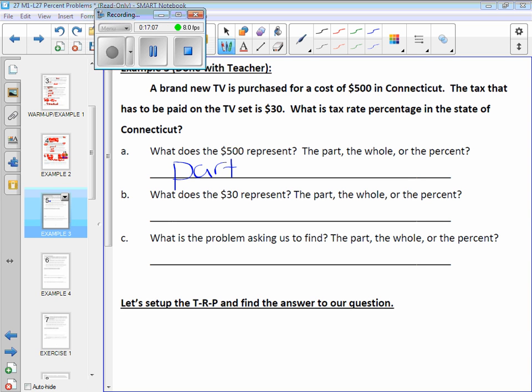But I can understand why he was thinking part, because if you think about it, it's part of what the whole will be after the tax. I can understand, but we're still going to call this the whole. You got to erase it and do whole. Now then, $30 becomes what?